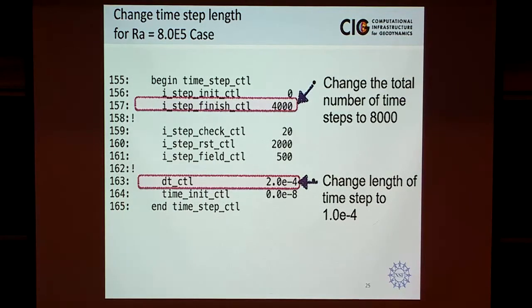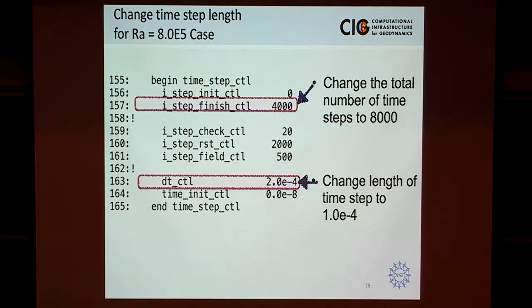Maybe we can get organized, and let us know once you've got your input file adjusted. So it's just that one file, right? Just the one file. The Rayleigh number is the only thing we're changing? Today we only need to change the Rayleigh number, and the time step for the highest Rayleigh number case.